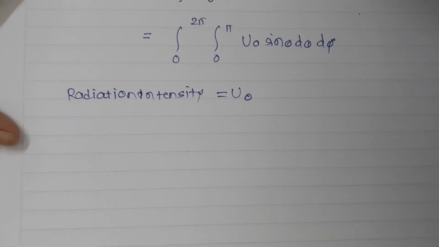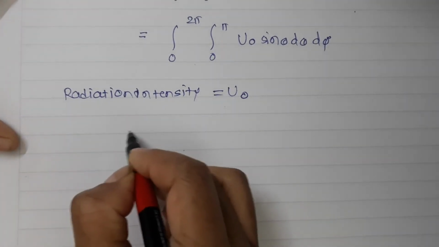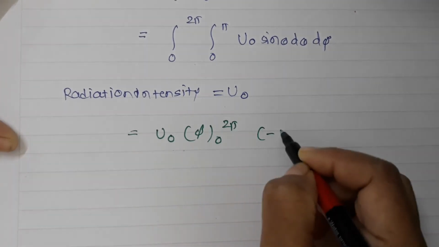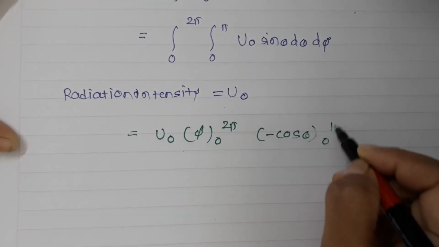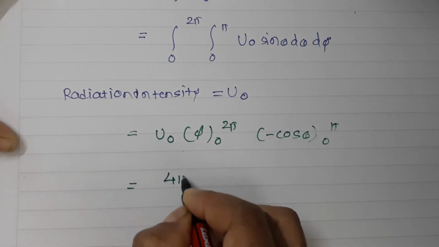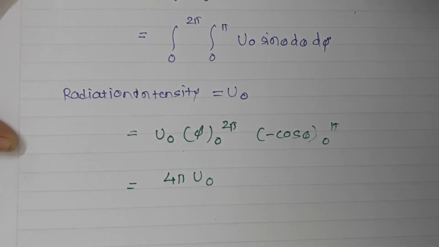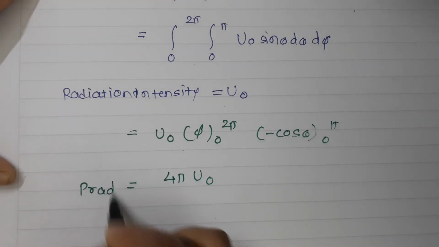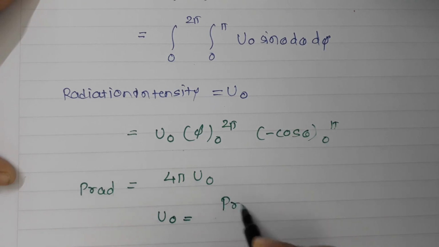Now let us solve this particular equation further. This will become U0, phi varies from 0 to 2 pi, cos theta 0 to pi. So this comes to 4 pi U0. Here U0 is expressed in terms of P radiated, so U0 is equal to P radiated divided by 4 pi.